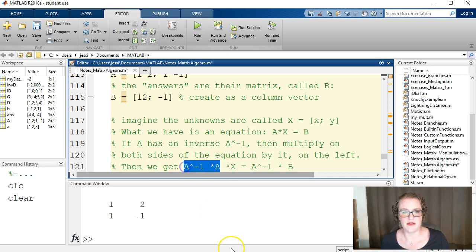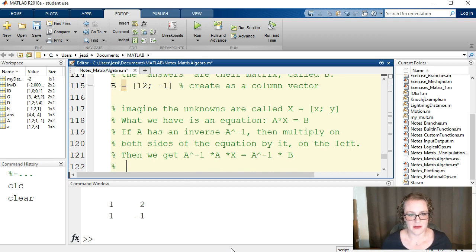That means we know exactly what we're going to get on the left-hand side of the equation, because the inverse is the matrix that when you multiply by it, you get the identity. So that's going to cancel out, and we're going to get identity matrix times X equals A inverse times B.